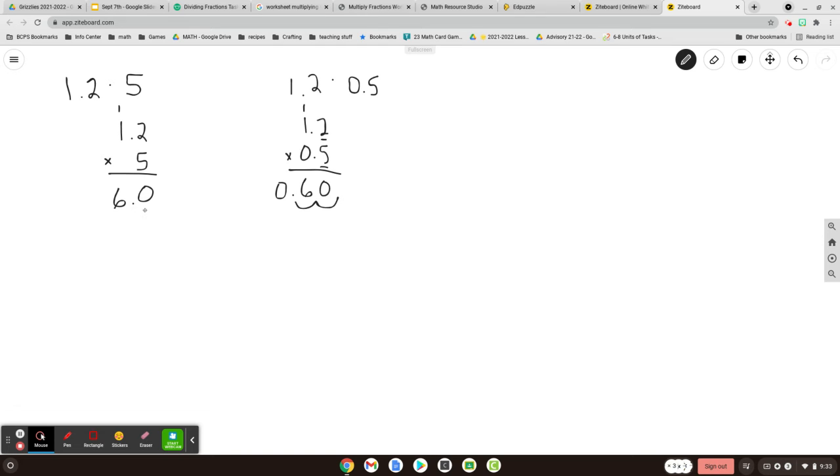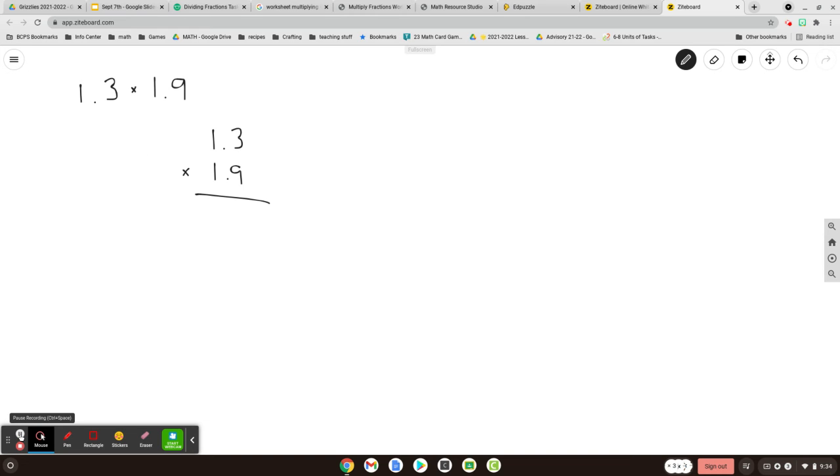So we went from 6 for this product to 6/10 for this product. So that kind of shows one of the reasonings behind why we move that decimal according to the number of digits to the right of the decimal point.